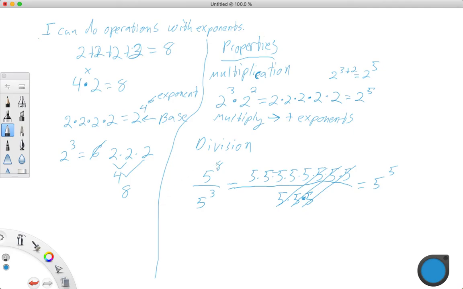And this, just like division is the opposite of multiplication, we do the opposite thing with our exponents.